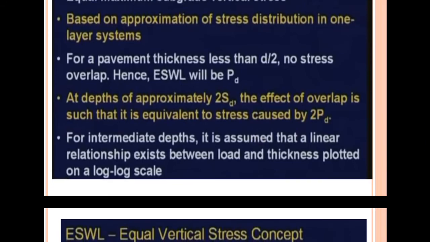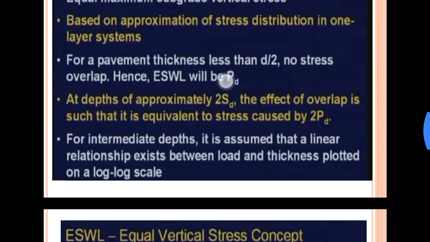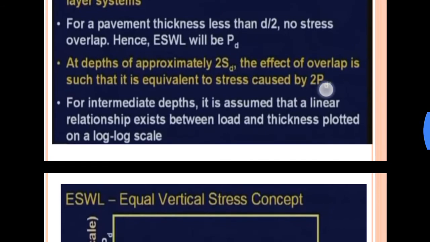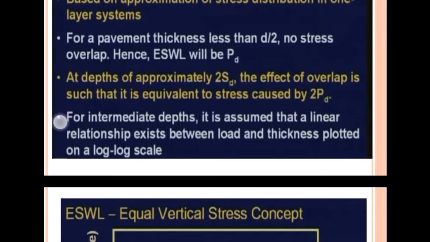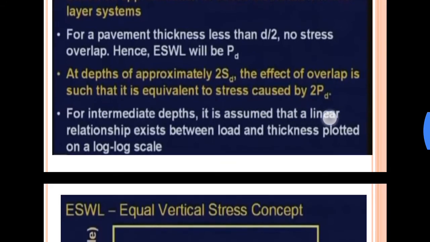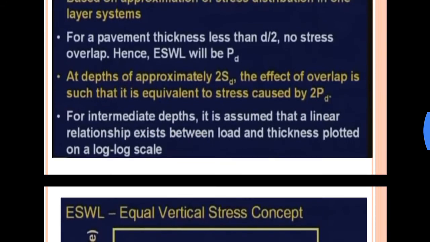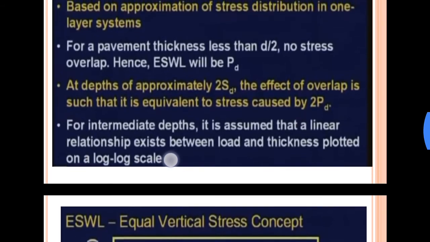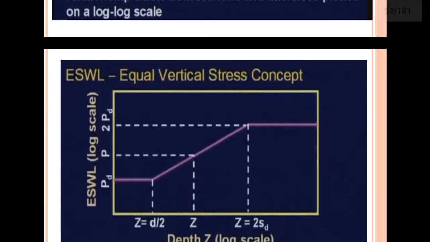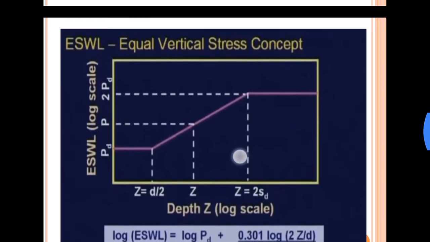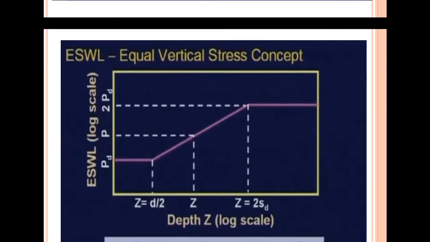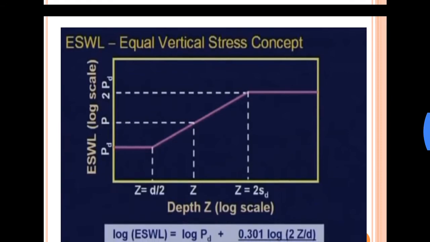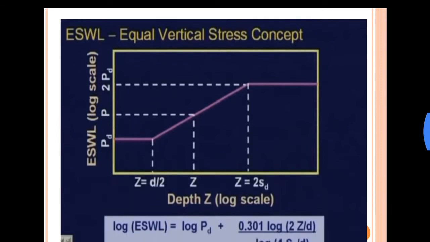So at d by 2 depth the load transferred is PD and at 2s the load transferred is 2p. For intermediate depths it is assumed that a linear relationship exists between load and thickness plotted on a log-log scale. Now we can plot a graph using these values, taking depth along the x-axis and ESWL, or equivalent single wheel load, along the y-axis.